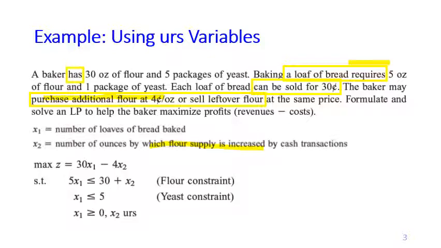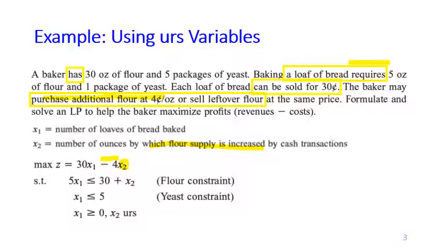In other words, how many ounces of flour that we purchase, right? Because whenever we purchase 1 ounce of flour, we need to pay 4 cents, and it will cut down our profit. So that's why the sign is negative here.